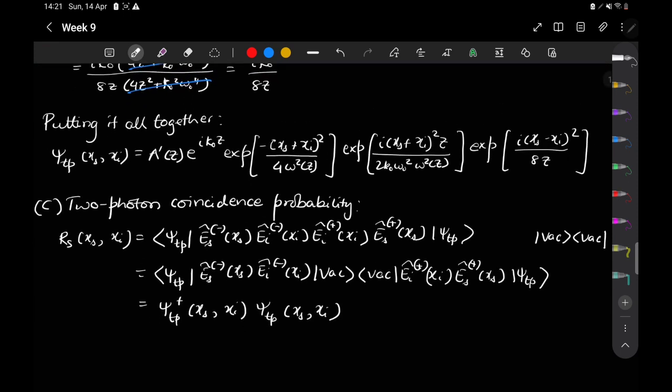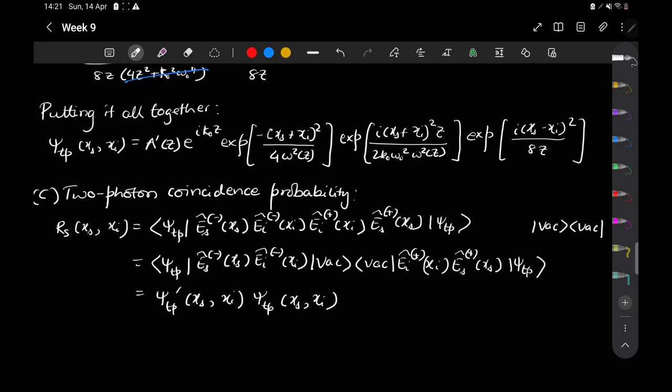This is because dagger here is just the star, the complex conjugate.